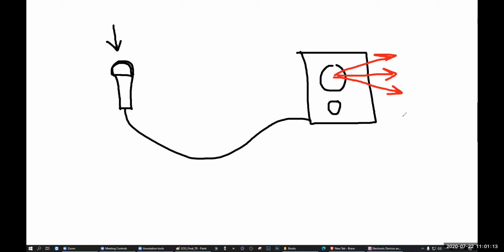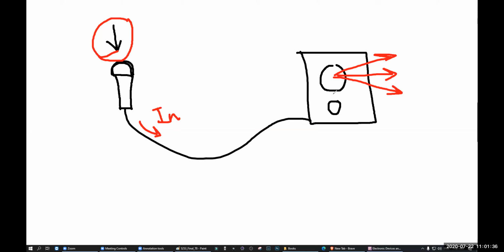But there is a problem. Which one is input? Which one is output? Microphone is input. That means your voice is the input. Your voice becomes an electrical signal. So this is the input. Which one is output? Speaker.